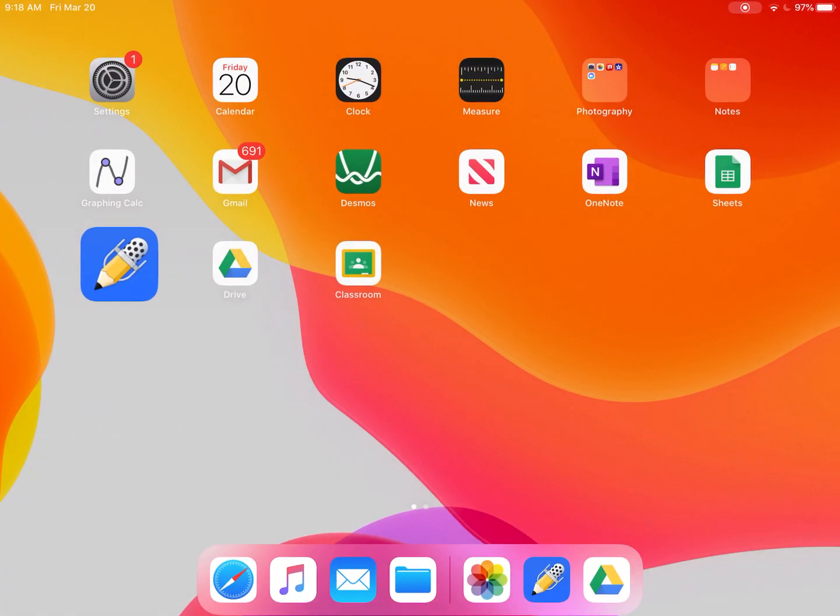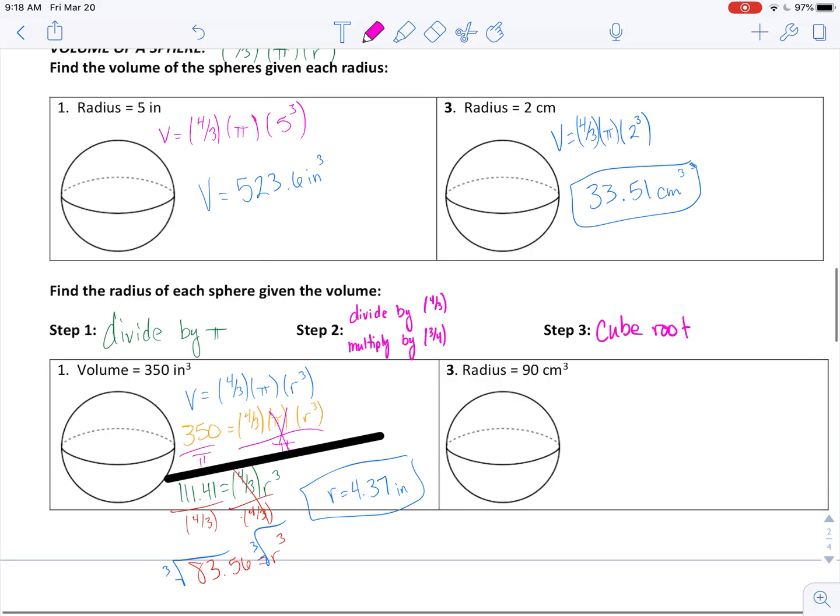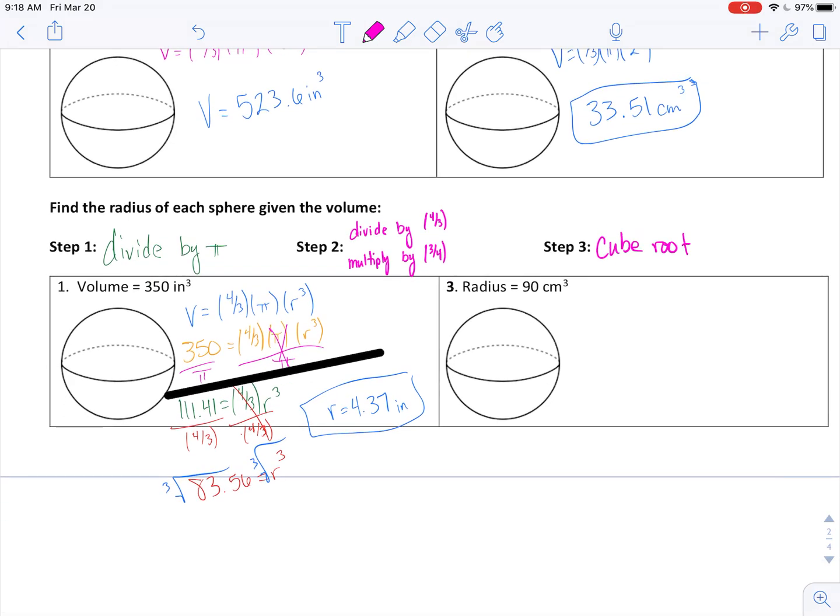And then last but not least, rather, step 3, we took the cube root.